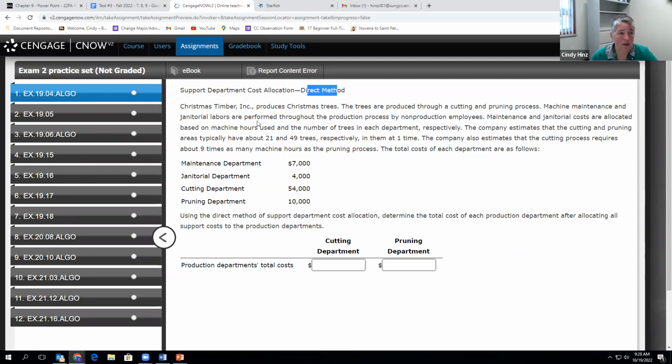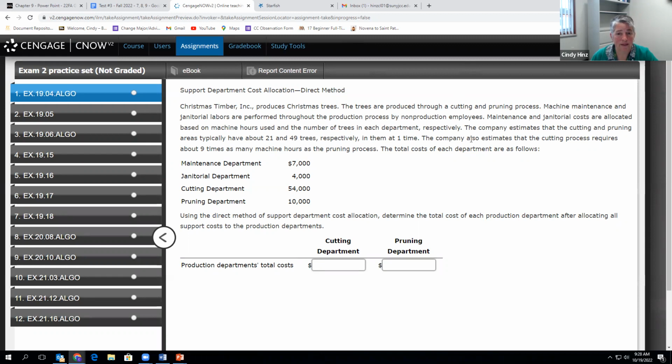They're independent calculations. So Christmas Timber Inc. produces Christmas trees. The trees are produced through a cutting and pruning process, and so those are the production departments. Machine maintenance and janitorial labors are performed throughout the production process by non-production employees. Maintenance and janitorial costs are allocated based on machine hours used and number of trees in each department, respectively.